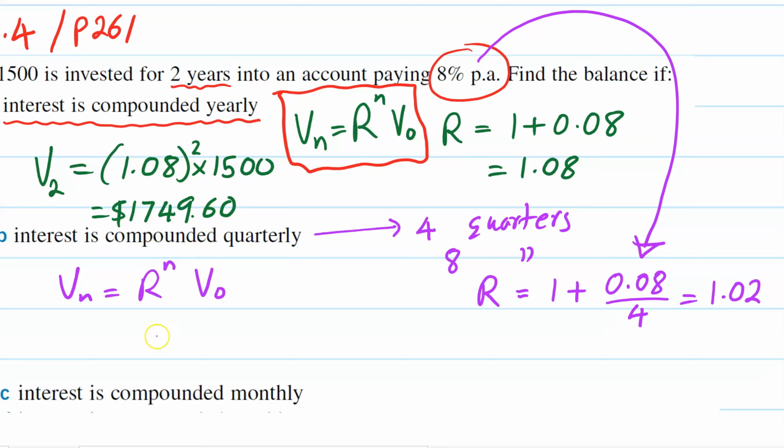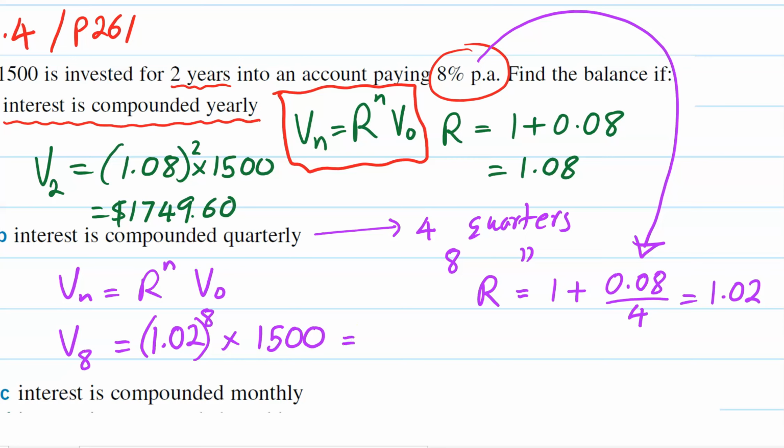In this case, we have 8 quarters, therefore 1.02 to the power 8. I might put a bracket here to differentiate nicely. The starting value is $1,500, it stays the same, and then here we get V8, the 8th figure, which means what we gain after 8 quarters.